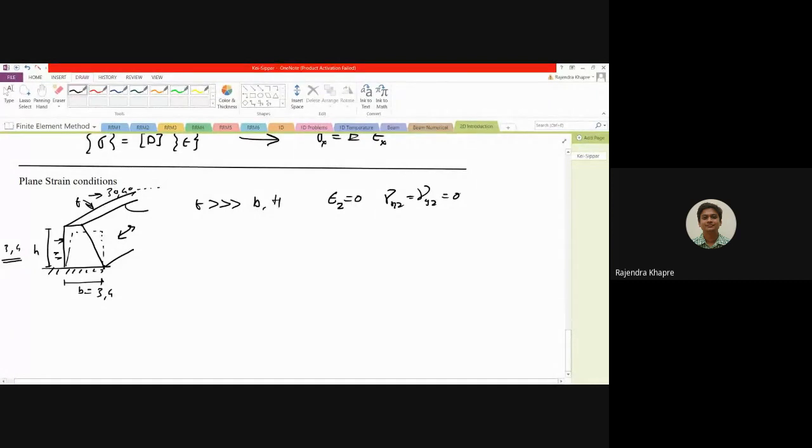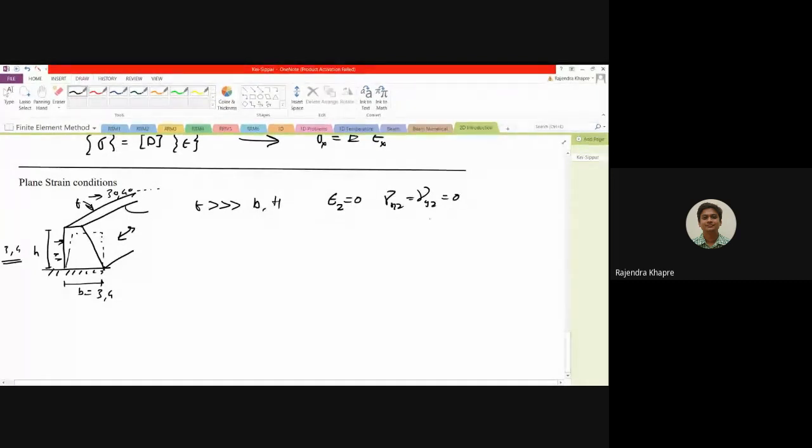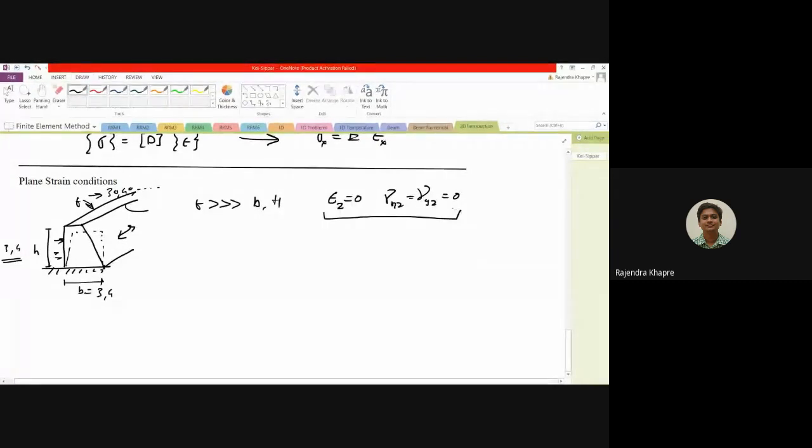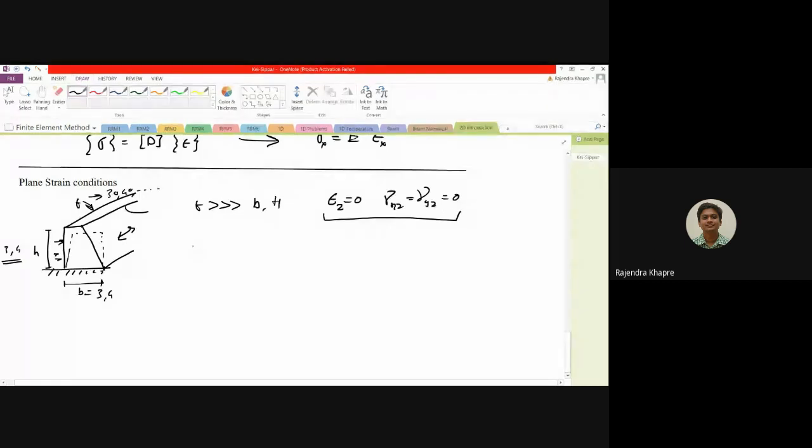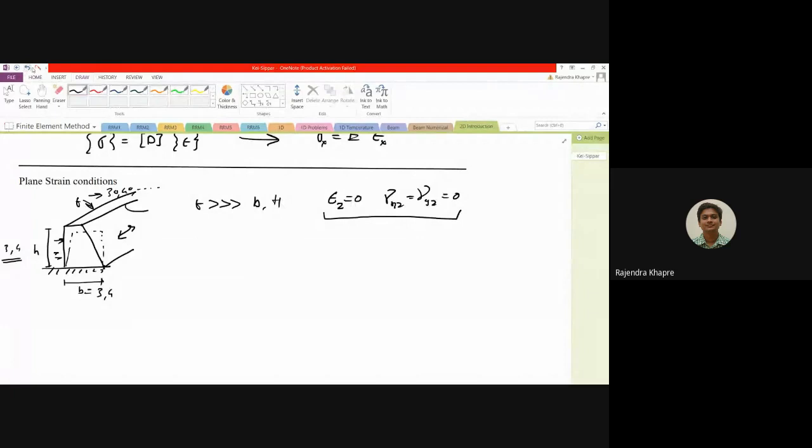Okay, so with this little information, now we can generate the expressions for the stress strain matrix. Now what is assumed to be 0? That is the strain in the z direction.